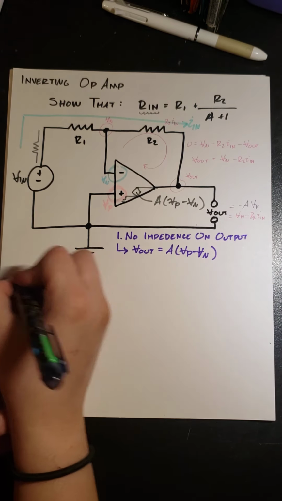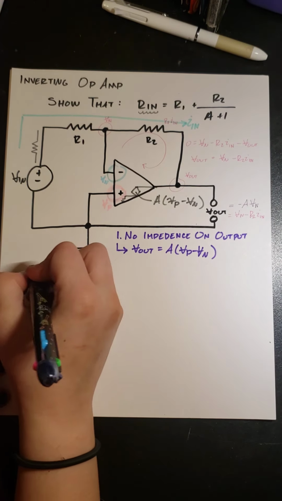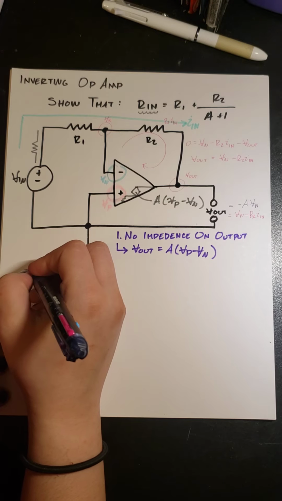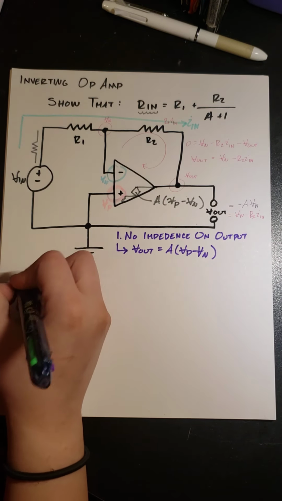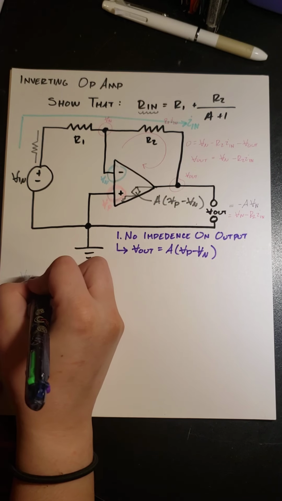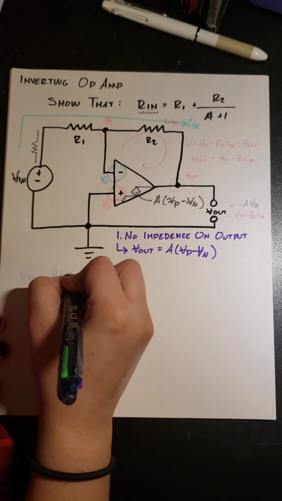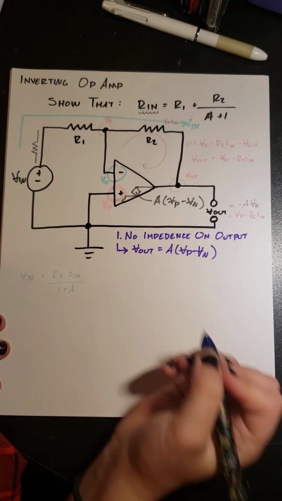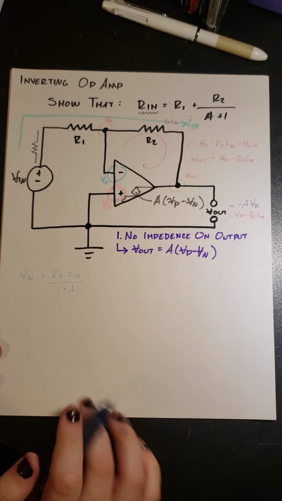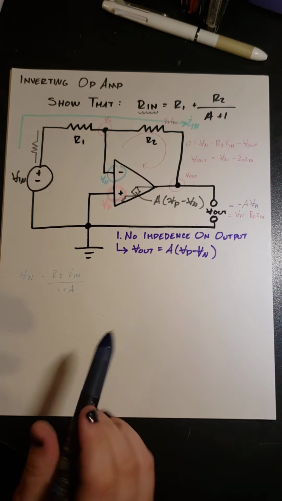You'll want to show your math on your homework for it, but that's going to come out to Vn equals R2In over 1 plus A. So this should look really close to what we're looking for, but it's not quite there yet.